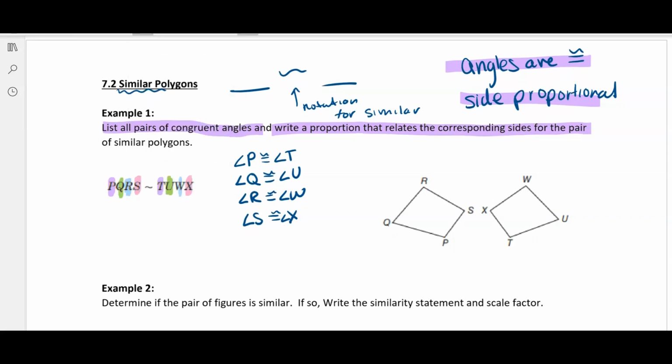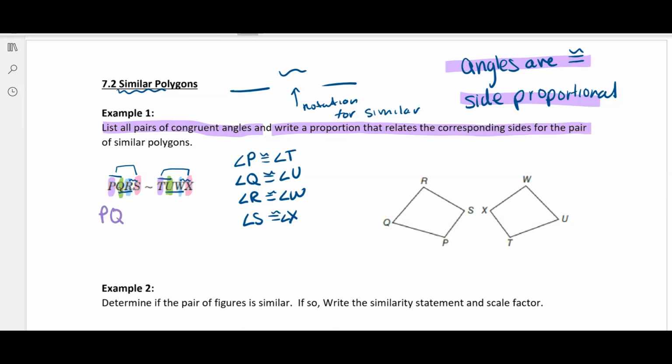I'm going to go ahead and do those sides. Just the same as when we did our triangles: PQ, TU. QR, UV. RS, WX. PS, TX. Okay, so that's the order that we're going to write these in, just like we did when we were talking about our congruent triangles back in that previous chapter from first semester.